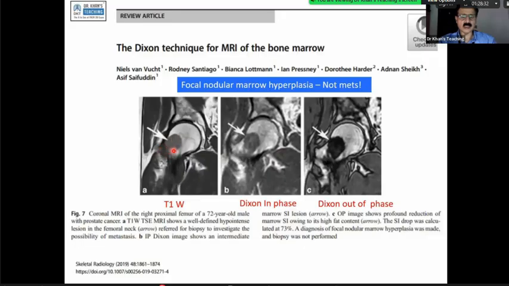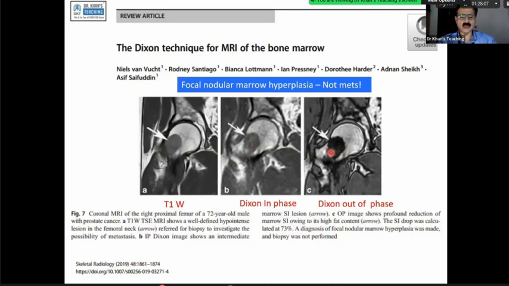Now, this is a very good example. And you are not very sure, is it normal or abnormal? You do Dixon. Only two phases have given you the answer. This is an in phase, this is out of phase. Now, out of phase means it is blacker or darker as compared to in phase.